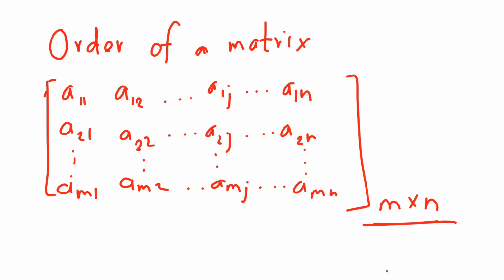A matrix having m rows and n columns is called a matrix of order m cross n, or simply an m cross n matrix. For example, 3, root 2; 4, 7; minus 2, 1.